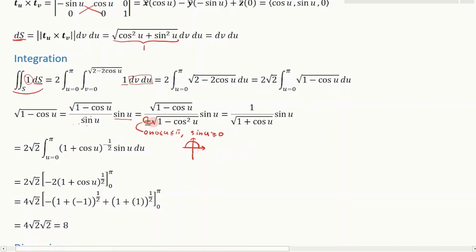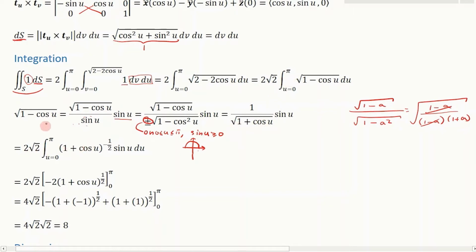So that's why we're choosing just the plus. Then here's what I did. We have square root of 1 minus some quantity over square root of 1 minus quantity squared. This is the same thing as saying 1 minus a over (1 minus a)(1 plus a). So then I canceled this, and I got 1 over square root of 1 plus cosine u.